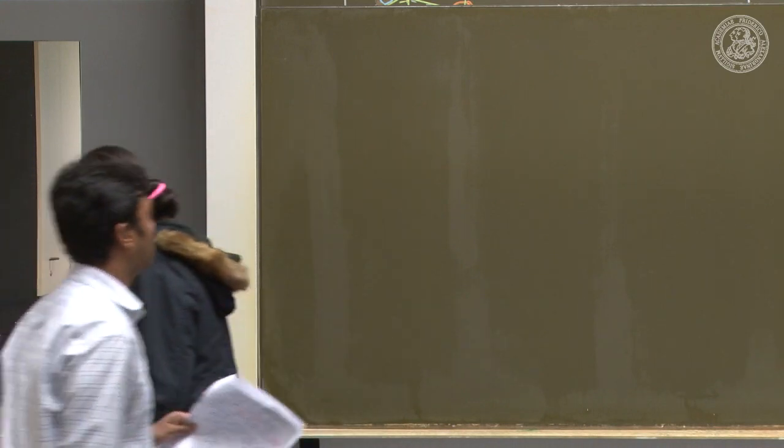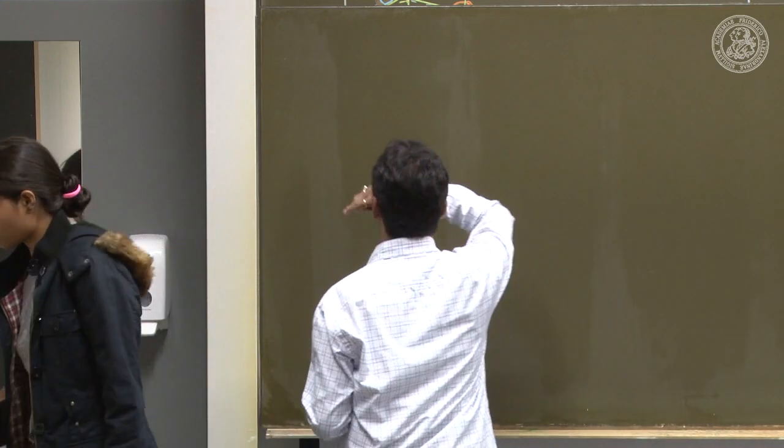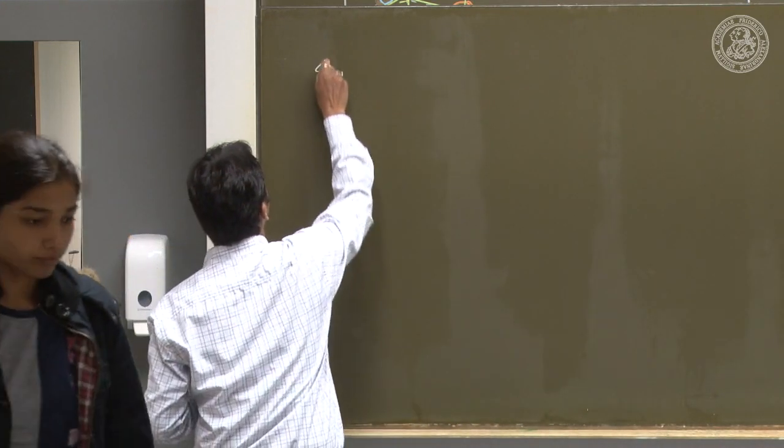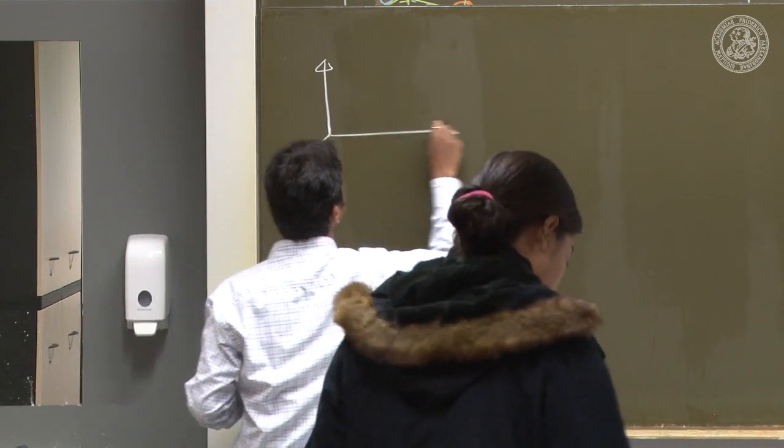So let's have one more example to understand this map. Suppose I have a rod, a continuum rod.